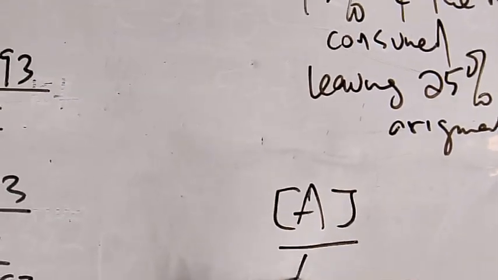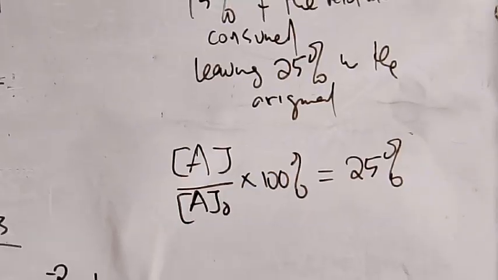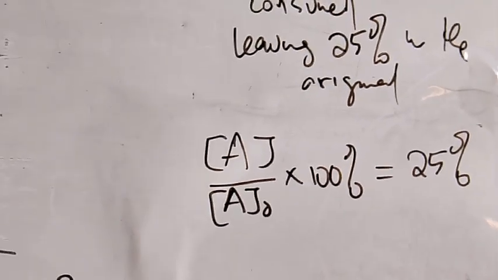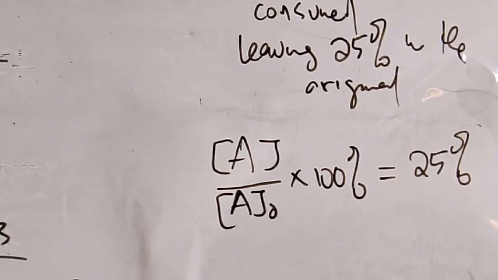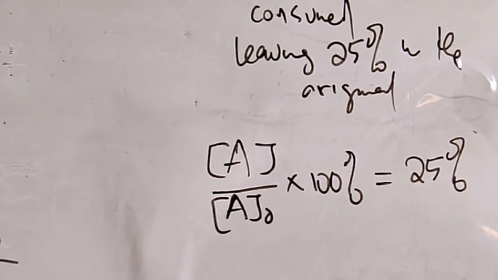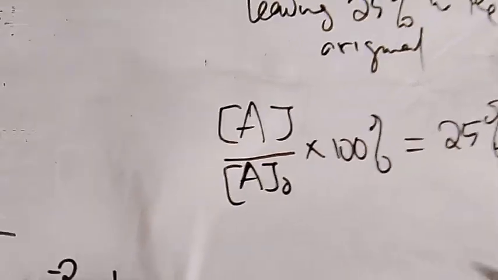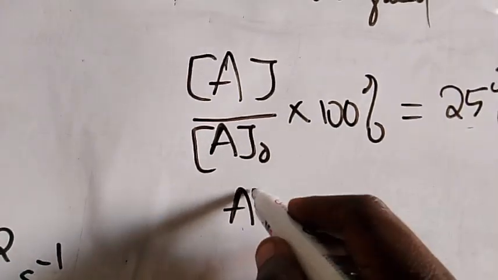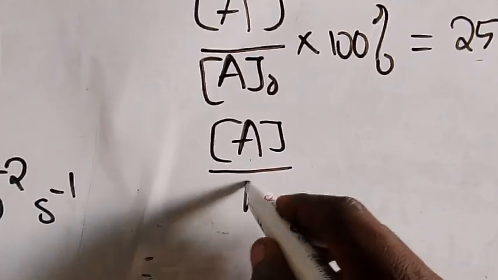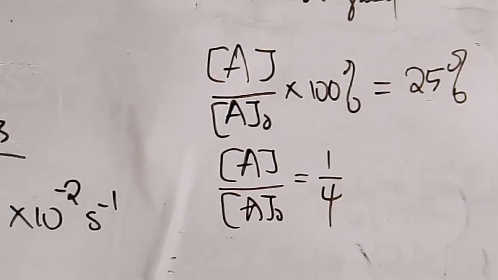So this simply means A over A initial times 100% is equal to 25%. If we divide by 100, A over A initial is equal to 1 over 4.